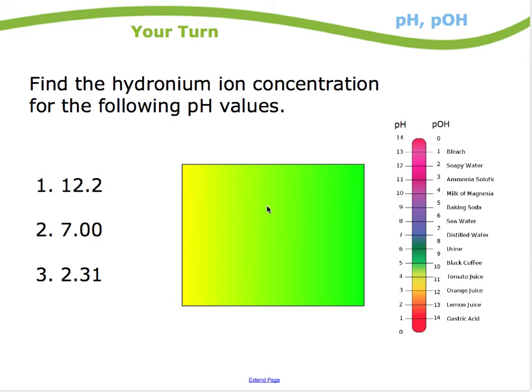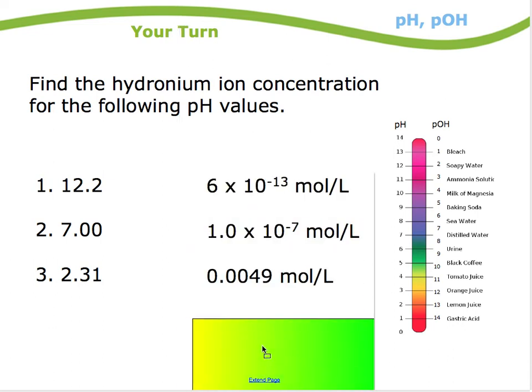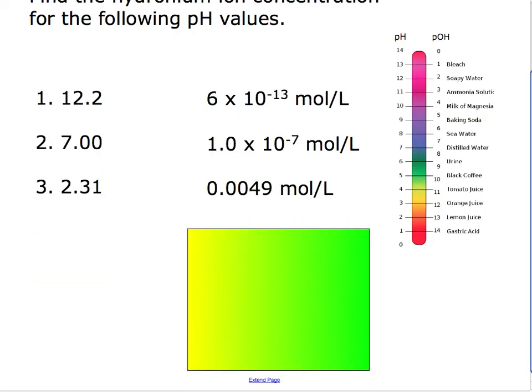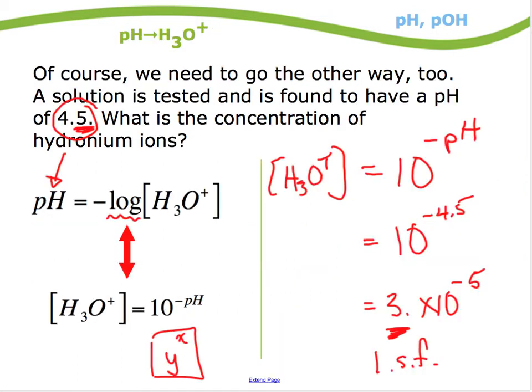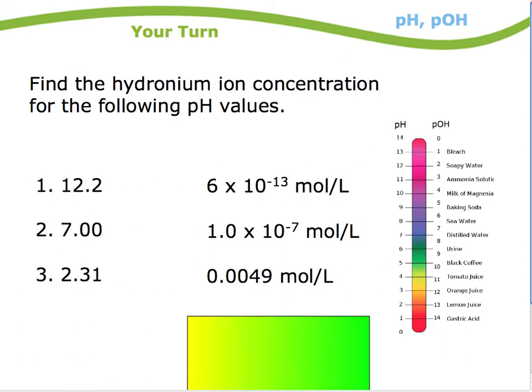Okay, now that you're back playing, here are the answers that I came up with. See if your numbers correspond to the numbers that I got. Hopefully they do. If you're having trouble with that calculation on your calculator, get a hold of your instructor or talk to a friend. Make sure that you can do that calculation before you go on.